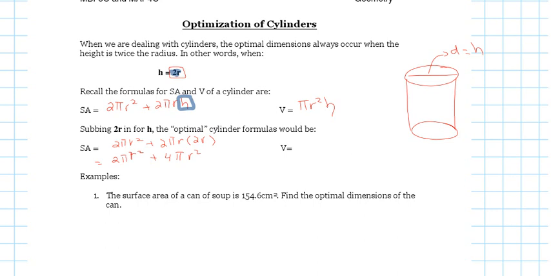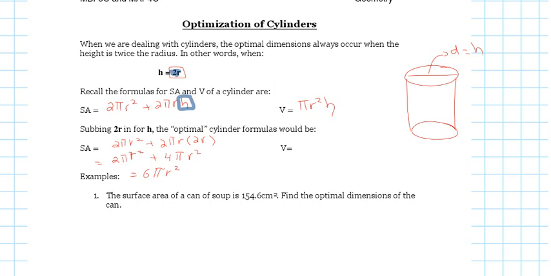Pi r times r is r squared. So 2 pi r squared plus 4 pi r squared. Can I leave it like this? Can I change it? What do I do? Add it, right? You have 2 pi r squared plus 4 pi r squared gives you 6 pi r squared.